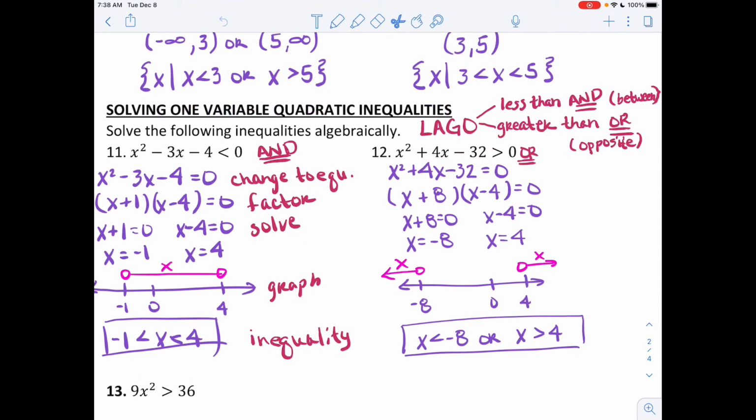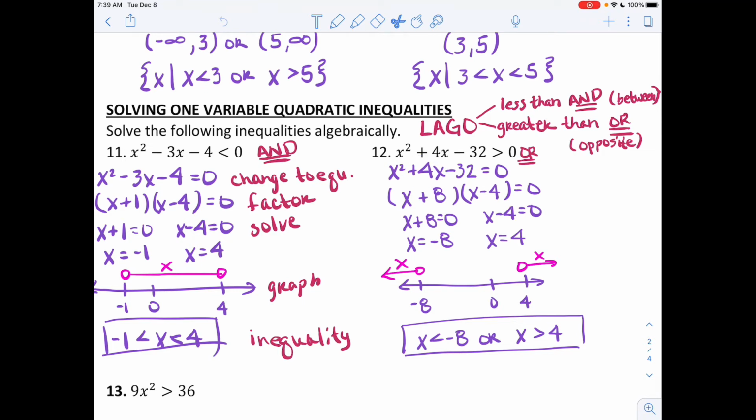We have x squared plus 4x minus 32 is greater than 0, so that is an or. This is written in standard form, so we're ready to go ahead and change it to an equation with an equal sign instead of the greater than symbol. This one can be factored with 8 times negative 4 equaling negative 32, and 8 minus 4 equaling a positive 4.